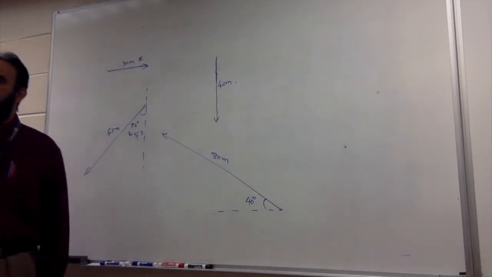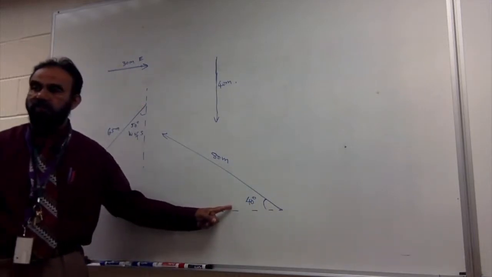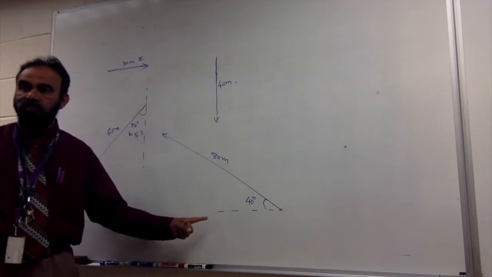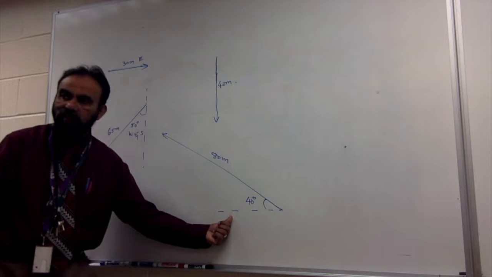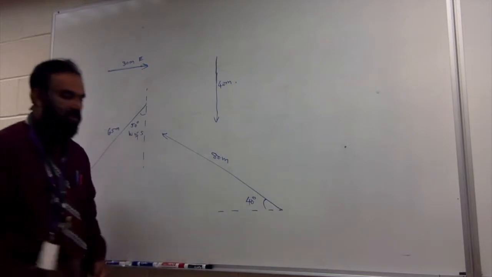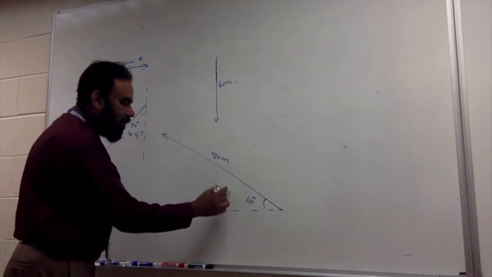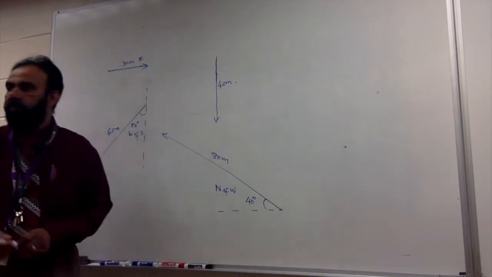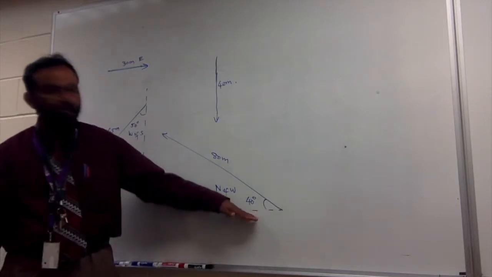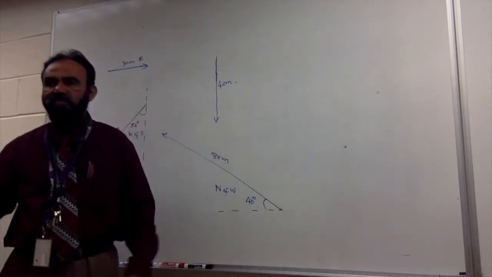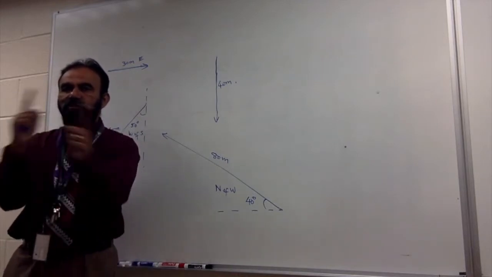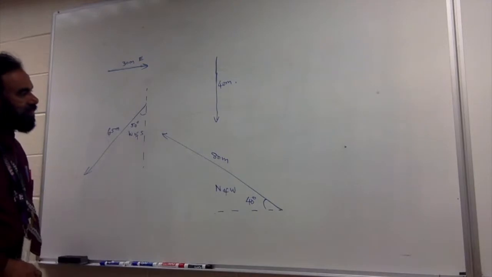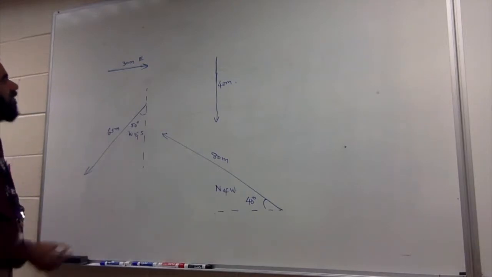What do you call that? 40 degrees? North of west. This is west. And therefore, towards the north from the west. So north of west. You're going, starting from the west and going towards the north. So it makes sense. Make sure that this is clear. I don't want any confusions of you putting things the other way around. And then one last vector.